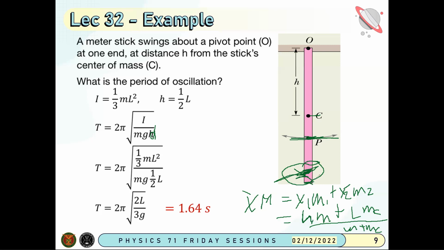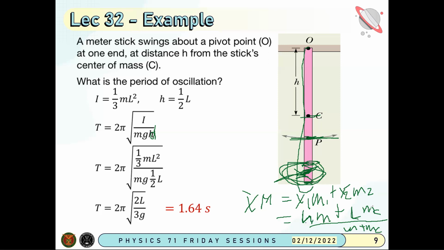Yung X1 natin, ito yung sa rod, right? Yung initial na center of mass ng rod is nandun sa gitna, which is H, or 1/2 L. Tapos yung M1 is yung mass ng rod. Yung clay na in-add natin, kung sa dulo nilagay, then yung X2 niya is nasa dulo, which is L. Tapos, yung M2 is yung mass nung nilagay mo, mass ng clay.